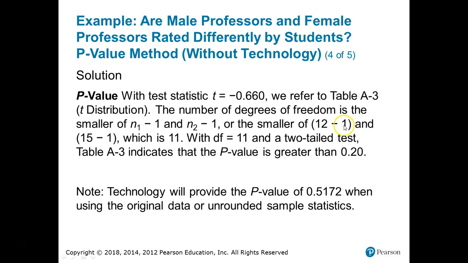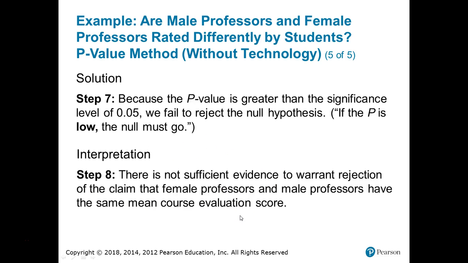Since 12 is smaller, we'll use that, and 12 minus 1 gives us a degrees of freedom of 11. So with the degrees of freedom of 11 and a two-tailed test, A3 indicates the p-value is greater than 0.2. And just note what technology will give you, but we'll get to that in a little while. Because the p-value is greater than the significance level of 0.05, we fail to reject the null hypothesis.